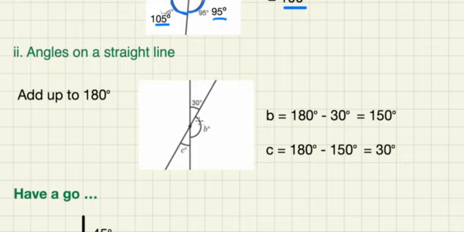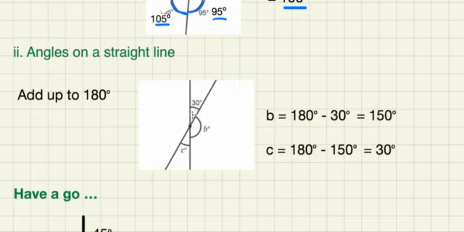The question is, what are angle B and angle C? Again, it looks as though we have only one known, and quite often it's difficult to work out two unknowns when you have only one known.